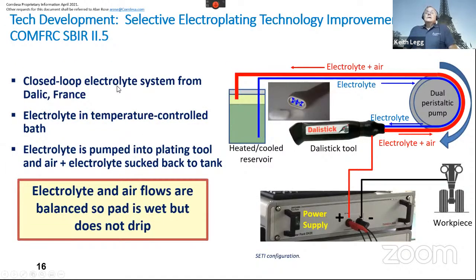Next, yep. So in order to avoid having to do all that, you need to catch that liquid before it runs anywhere. So a French company, a very clever company called Galvanic in France, who we go to quite often for the wine, developed a technique where they could coat through a coating pad with the electrolyte coming into the pad in one area, and then air plus liquid being sucked back out.